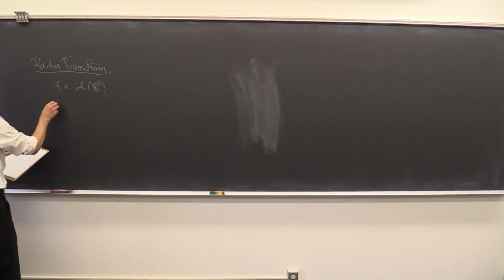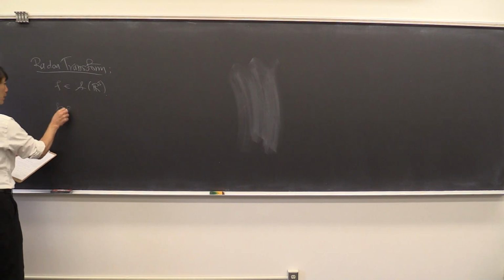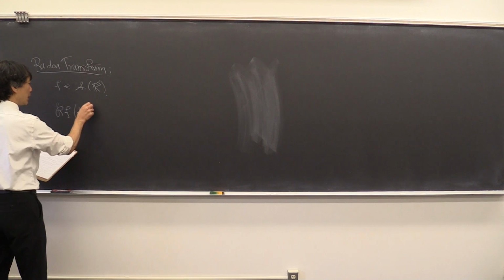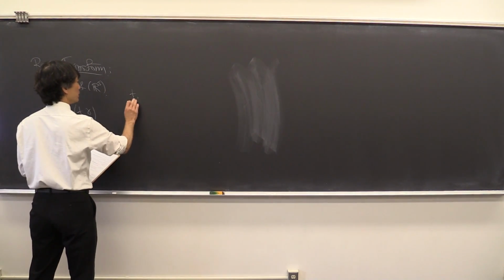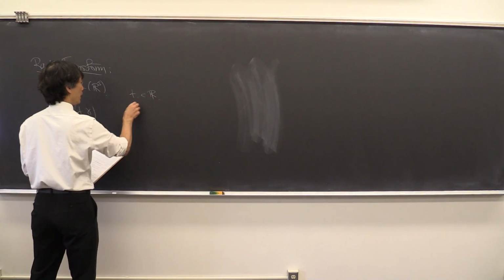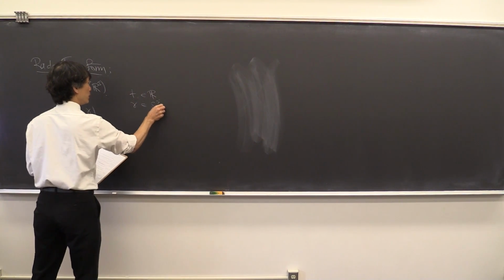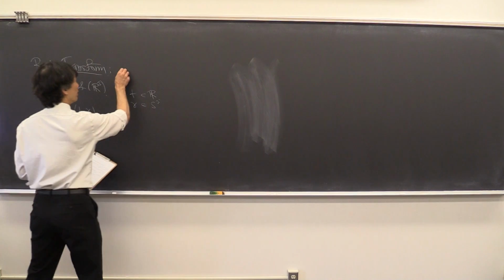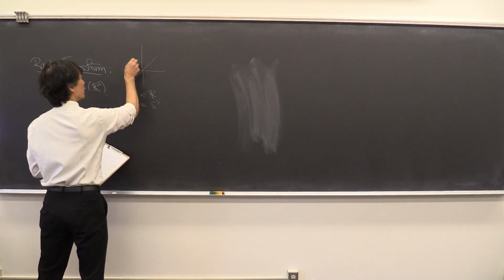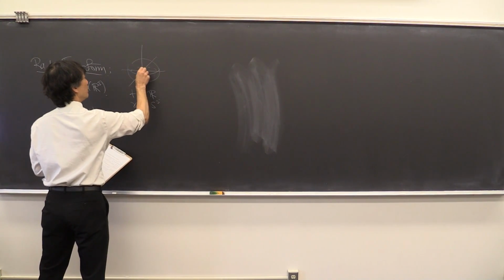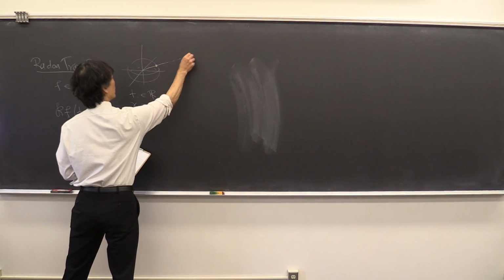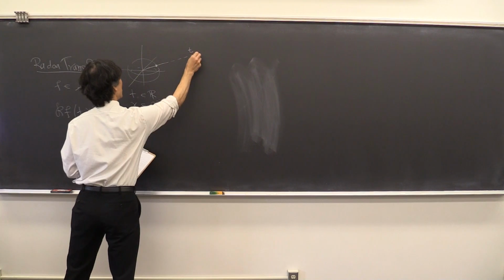Radon transform. So Rf of t comma gamma, where t is in R, and gamma is in S2, right? So gamma is on the sphere. So you have this unit vector, and then you have some length t, right?